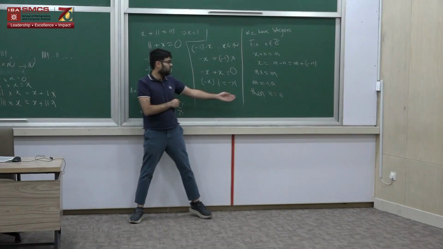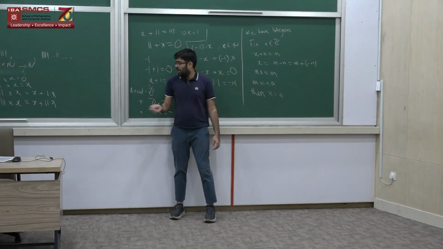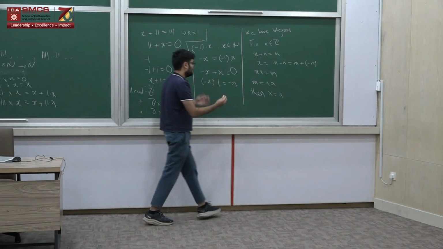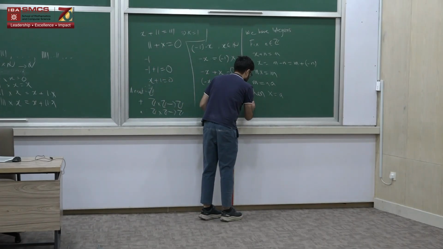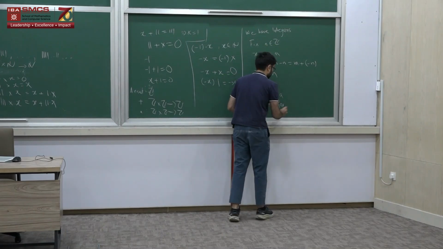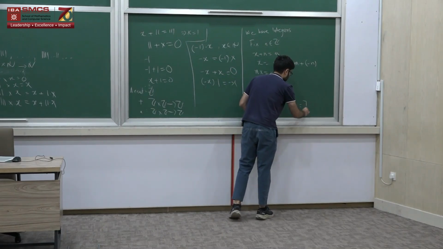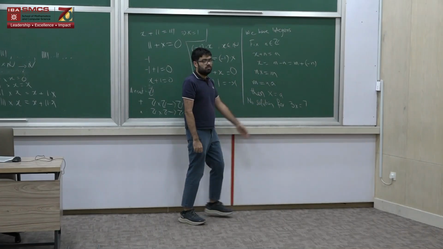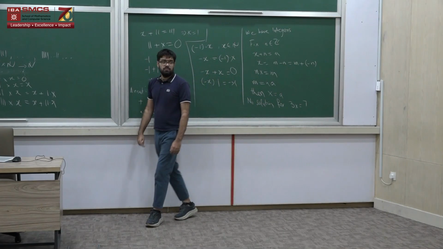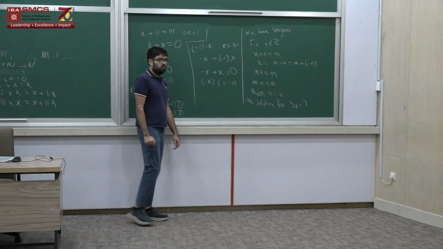But this will not always happen if we restrict ourselves to integers. And one example is, there is no solution for 3x equals 7, right. This is a perfectly valid equation with only integers, in fact only natural numbers, and I do not have a solution.